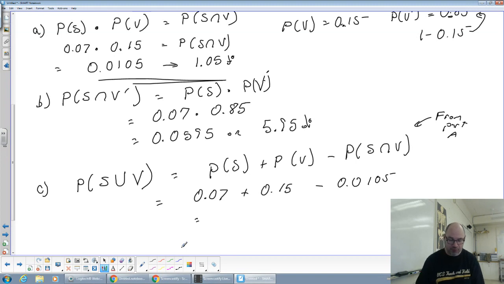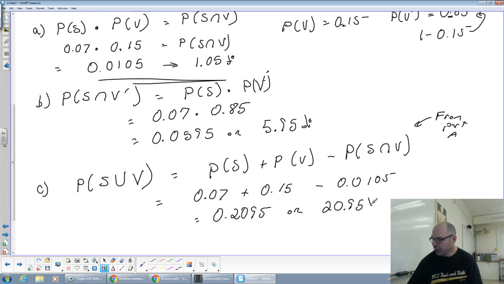You get 0.2095. So then if we write that as a percentage, that's 20.95%. So the probability that the switch or the video card, either of them, will fail is 20.95%.